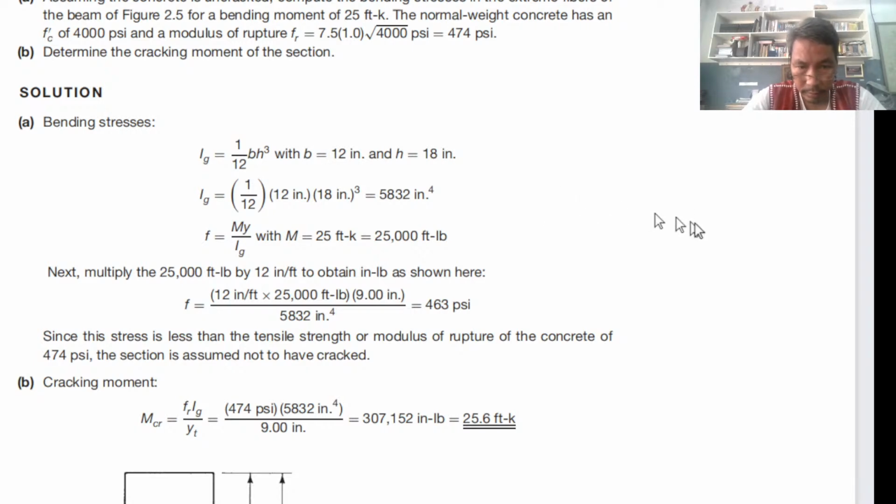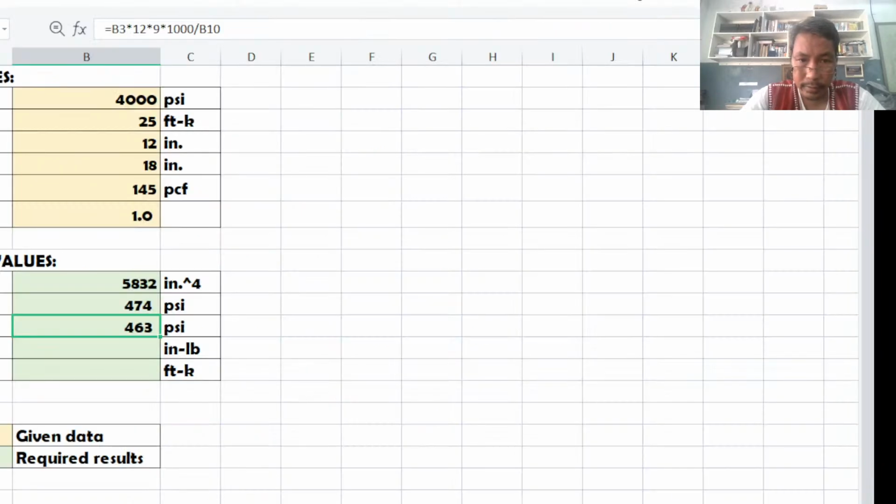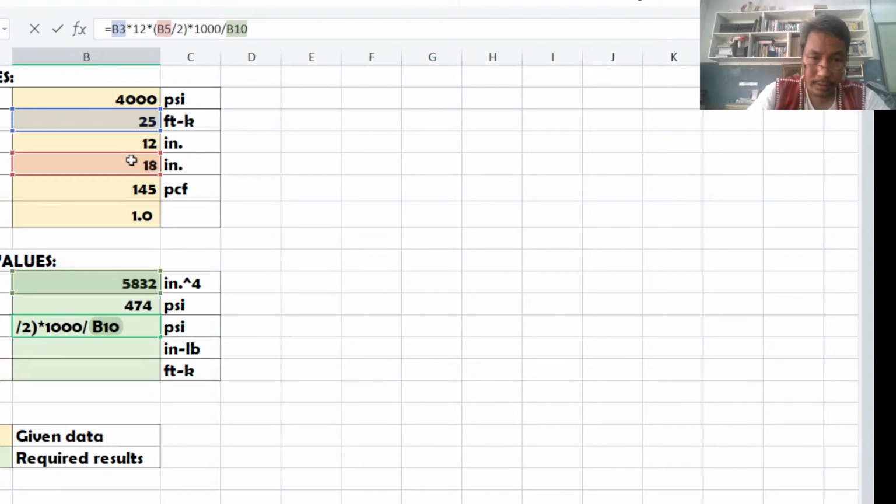Okay, so 9 here is actually at the center of 18. Here we use 9, but 9 is actually equal to 18 divided by 2, at the middle, at the center, because we are looking at the neutral axis, and the neutral axis is at the center.